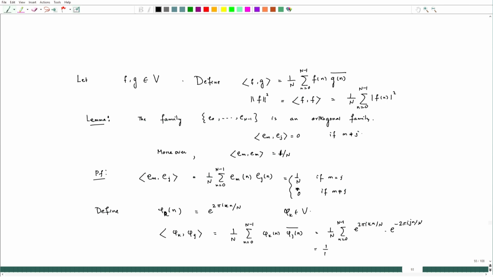This is equal to 1 by n summation over n equal to 0 to n minus 1 of e to the power 2 pi i (k minus j) n by n. Now, if k is not equal to j, then these are all the nth roots of unity. So, therefore, this is equal to 0 if k is not equal to j. So, now this is an orthogonal family, and this is what we are going to exploit to get results in this setting. Thank you.